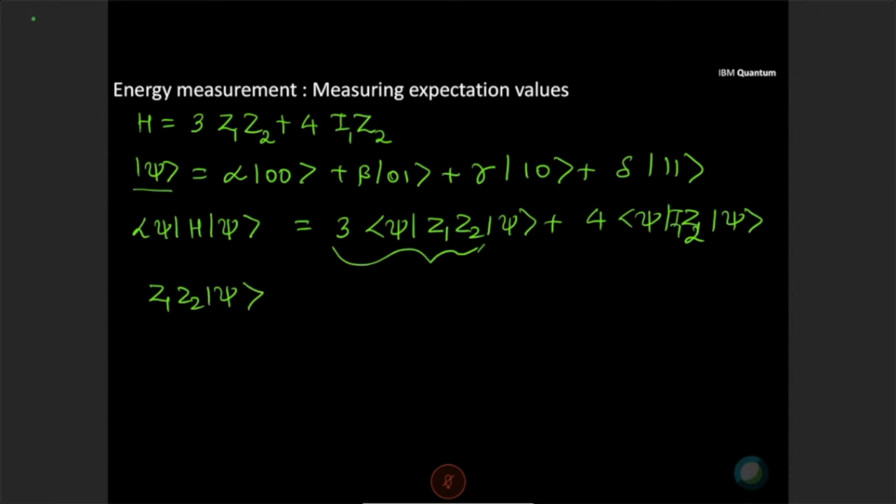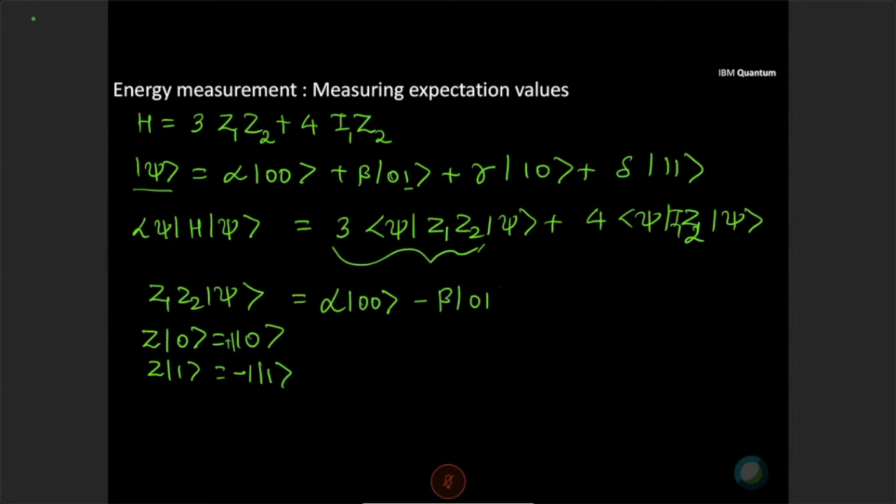Sorry. So if I take the notation that Z on 0 gives me 0, and Z on 1 gives me minus 1, so the eigenvalue is -1 here, it's +1 there. Right? So then this is going to give me alpha 0, 0. I have a 1 out there, so that's going to be a negative sign. It's going to be a minus beta 0, 1.